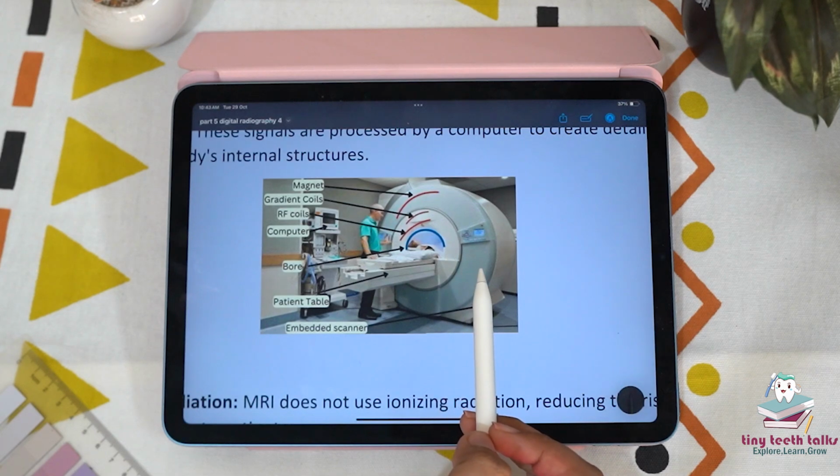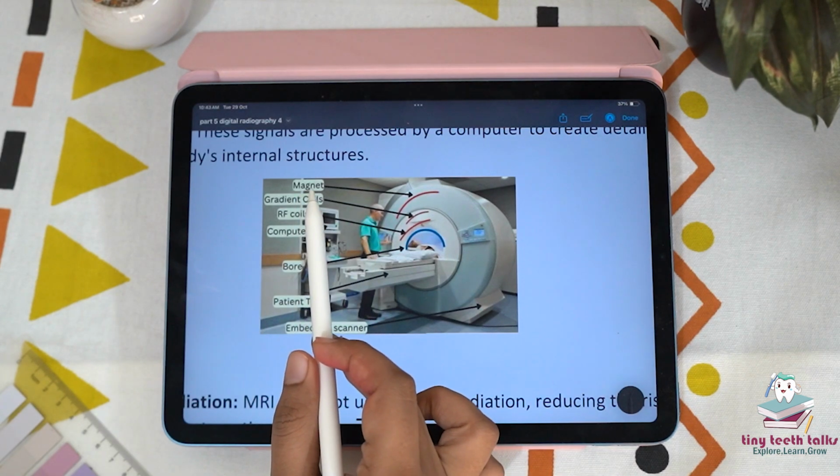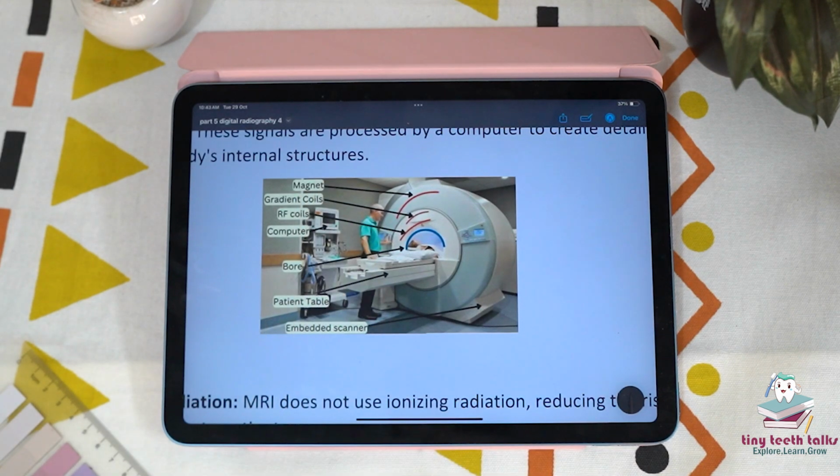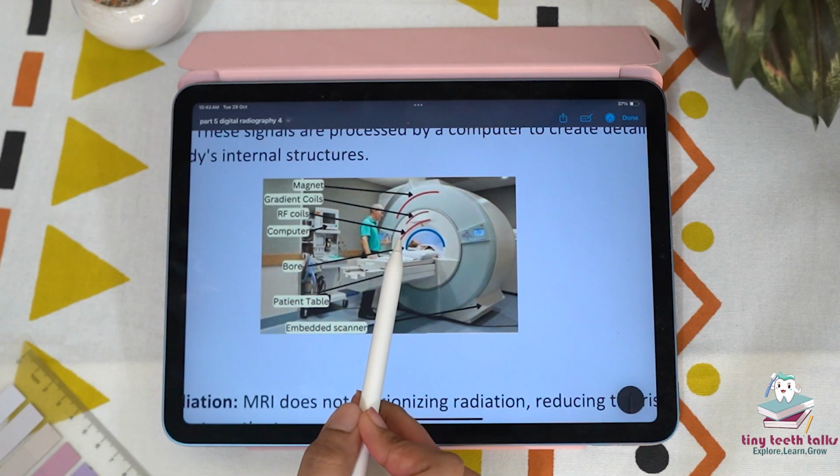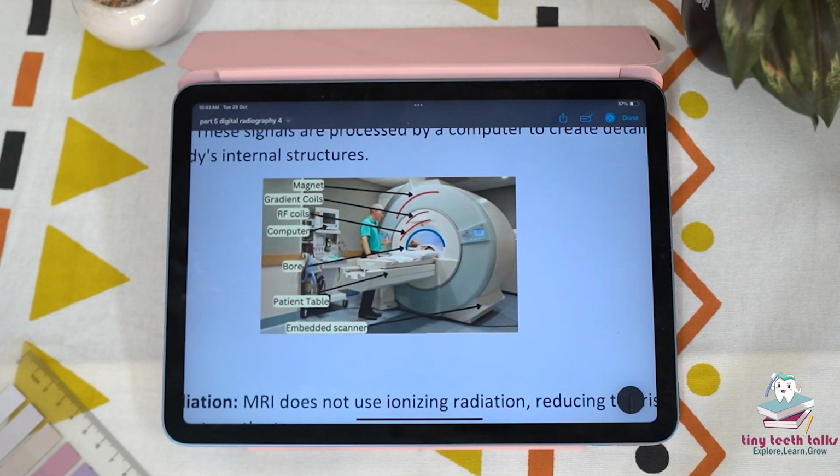This is the image of an MRI machine, which includes the magnet, the core component that generates a strong magnetic field. Then gradient coils, which produce varying magnetic fields for spatial encoding. RF coils, which transmit the radio frequency pulses and receive the resulting signals. Patient table, the platform on which the patient lies during the scan.